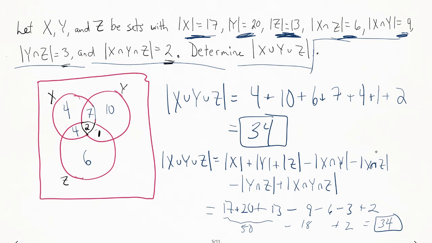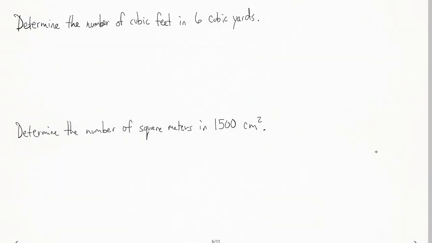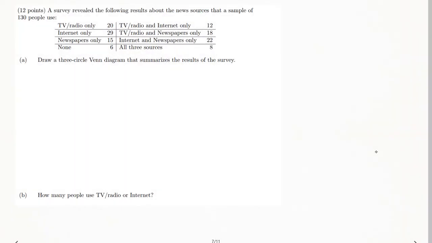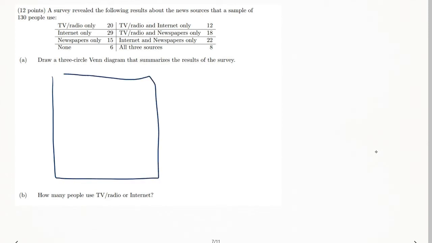Now, the other thing I was mentioning, I kept on using that word only. I'll actually skip forward here in just a second. I want to try and illustrate that because of this one: a survey revealed the following results about the news sources that a sample of 130 people use. Draw a 3-circle Venn diagram that summarizes the results. Okay, so we have some overlap.